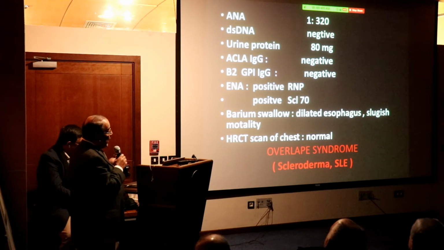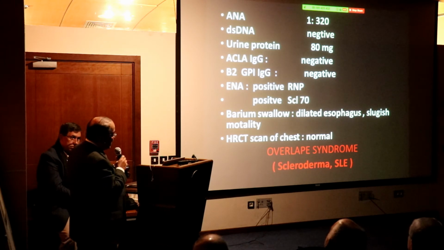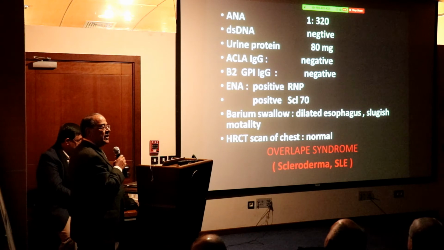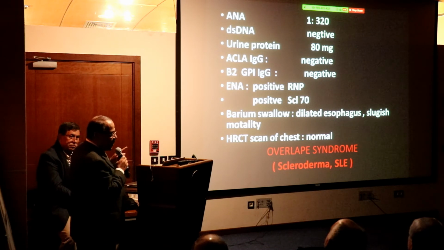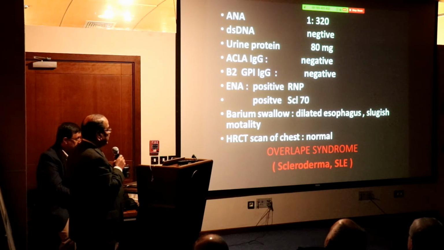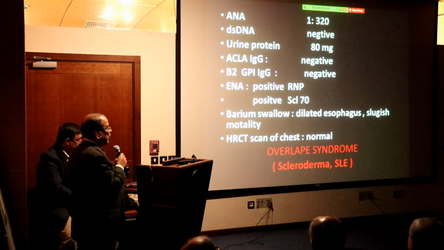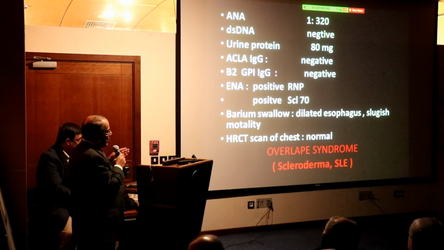Extractable nuclear antigen: positive RNP, ribonucleoprotein antibodies, which is seen in overlap syndrome, and positive Scl-70. This is seen in 30% of patients with scleroderma. Her barium swallow showed dilated esophagus with sluggish motility, and high-resolution CT scan of chest was normal. So the diagnosis now is overlap syndrome of scleroderma and SLE.